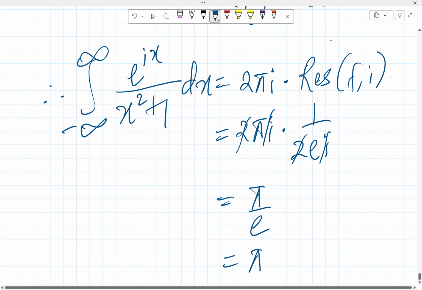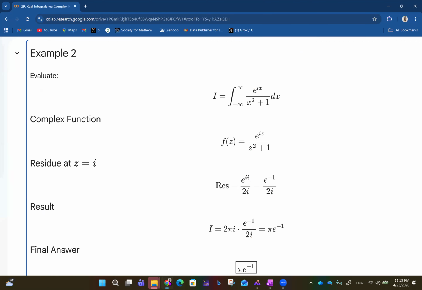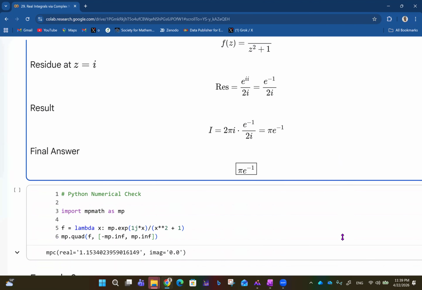If you like, that's pi e raised to minus 1, and that is exactly the result.